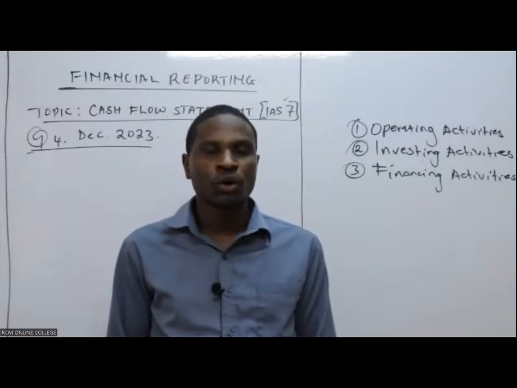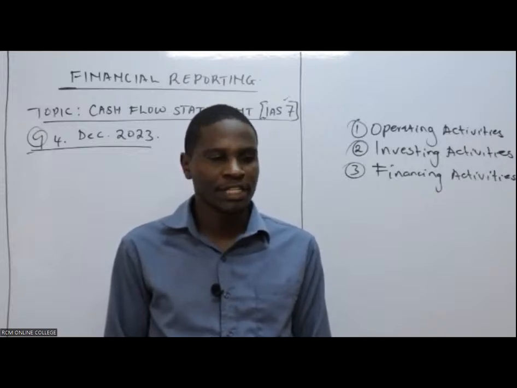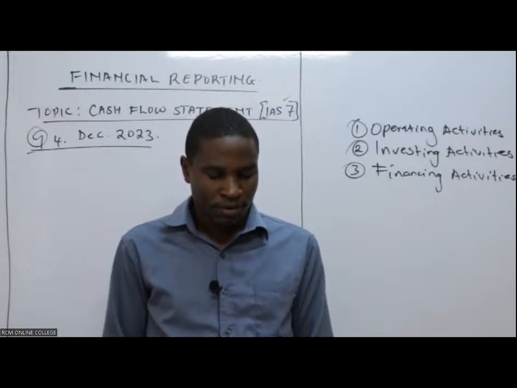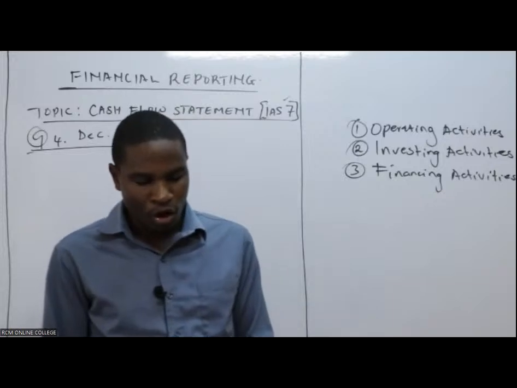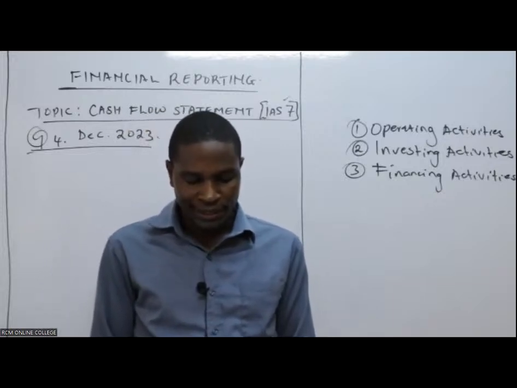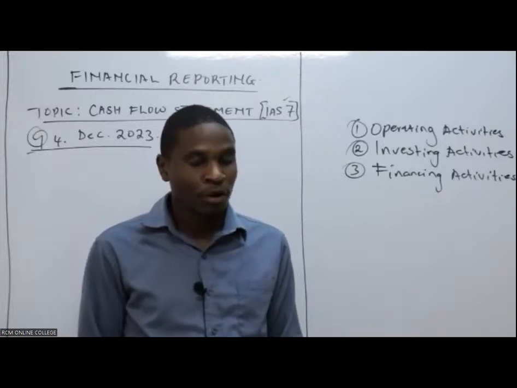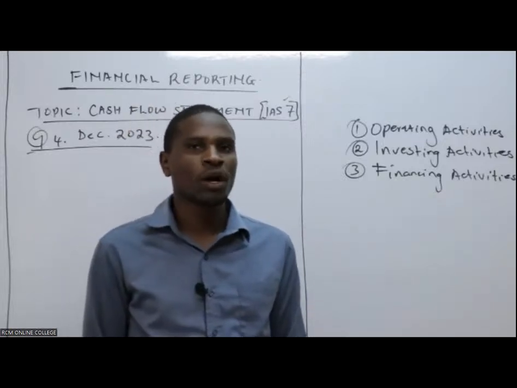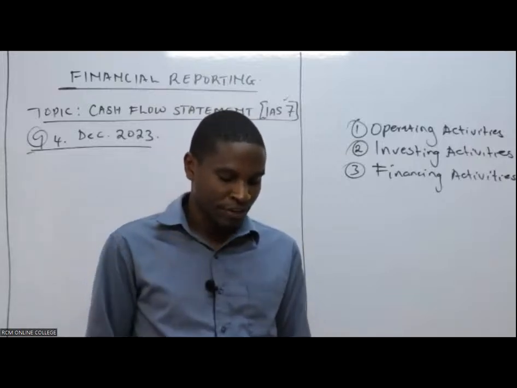Any amortization of intangible asset has been included in administrative expenses. The company repaid some borrowings which had matured during the year and issued new loans amounting to 3 million. They issued what? New loan. Very nice.